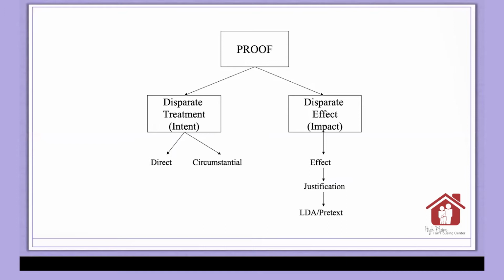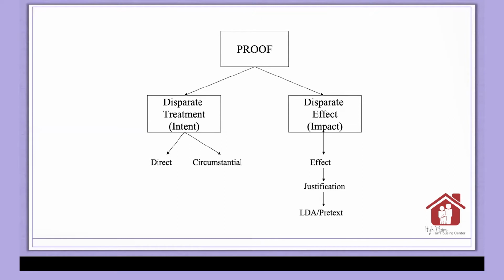You can see that those are 2 entirely different ways to prove that the Fair Housing Act has been violated, that a discriminatory housing practice has occurred. With disparate treatment, we're looking for intent.